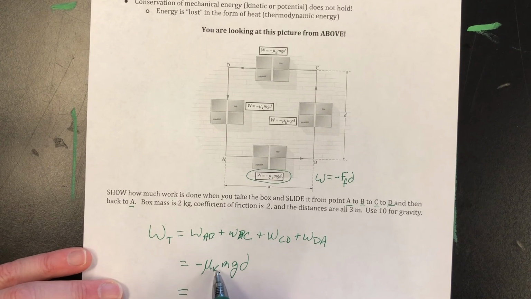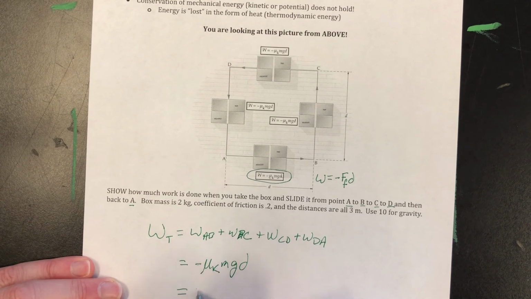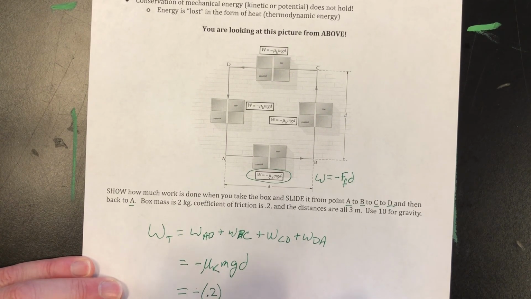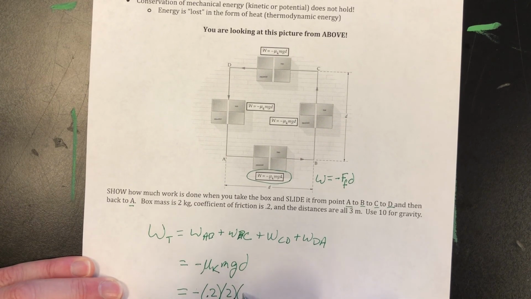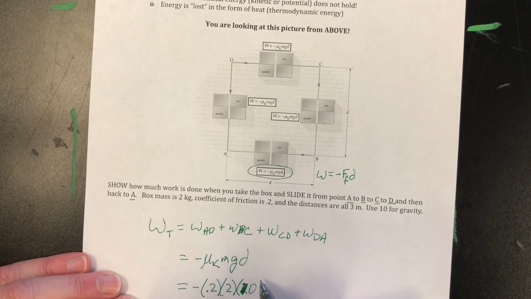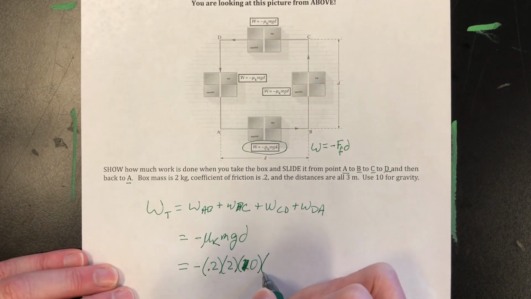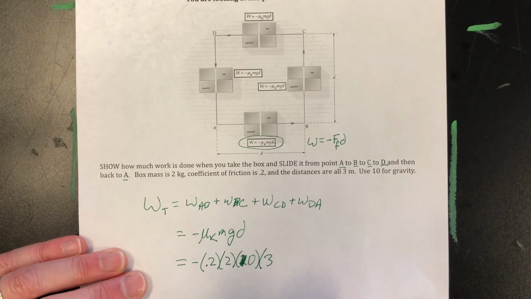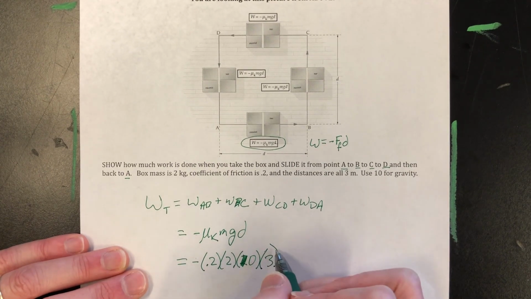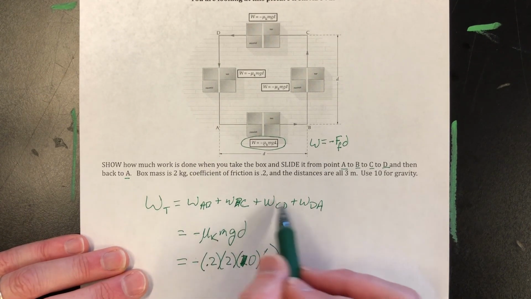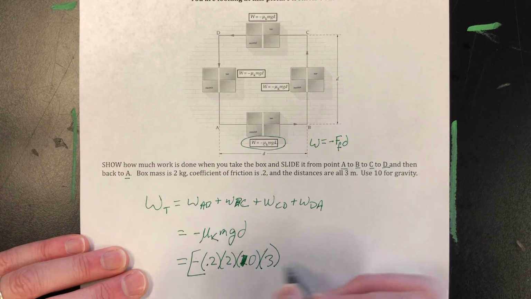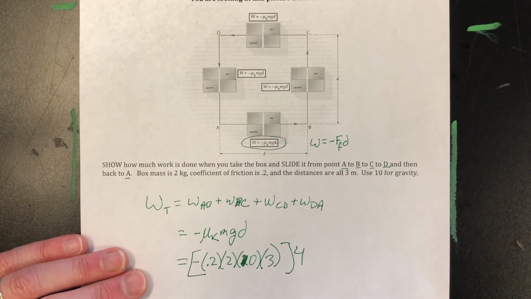So let's do this first one. Mu K, we're going to do negative 0.2 times our mass, which is 2, times 10 for gravity, and then our distance is 3 meters. I'm going to do that 4 times, 1, 2, 3, 4. So really I can just take this thing and I can multiply it times 4.